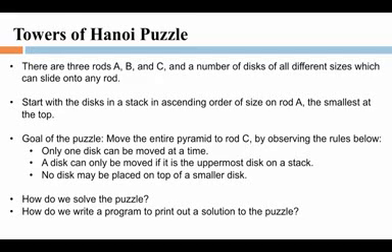That is, only the smallest disk can always be moved. That is, the smallest disk in any of the three towers can be moved. And at no point in this movement can a disk be placed on top of a smaller disk.